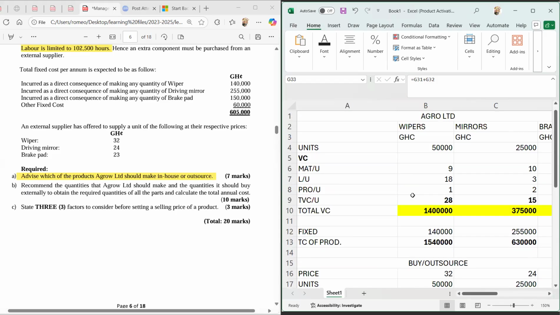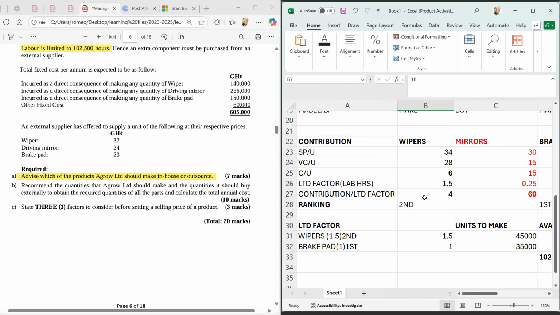You don't have to use, what is it? It's over here. You see in the beginning, we multiplied by this to get this. But when you get here for the labor cost, you can do all these ones for it. But when you get to this side, you only multiply the 18 by this one, 45,000, not 50,000.